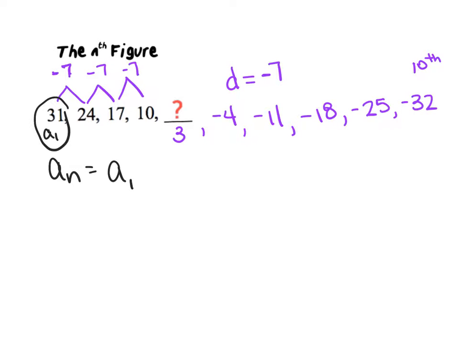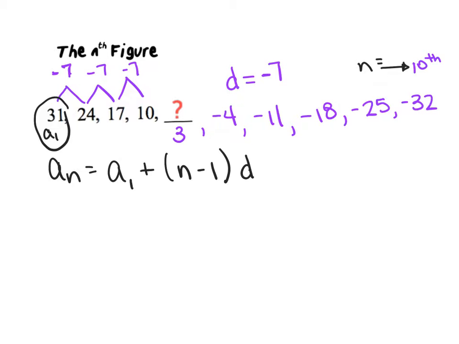That's where our very first number started. Plus the nth term, whatever figure you want to go to. In this case, our n is equal to our 10th term, minus 1 times our d, which is the common difference.